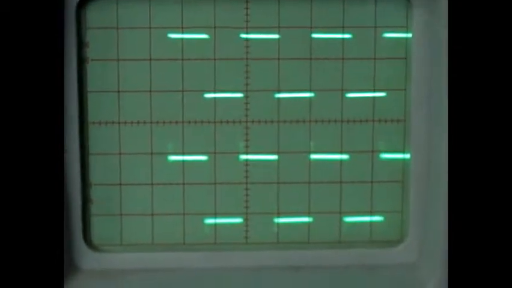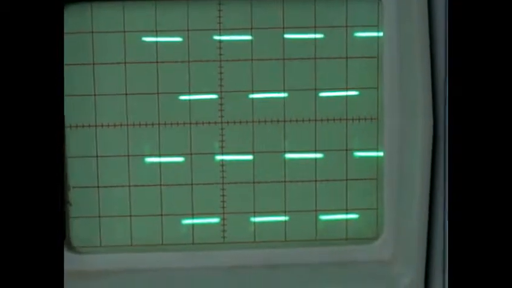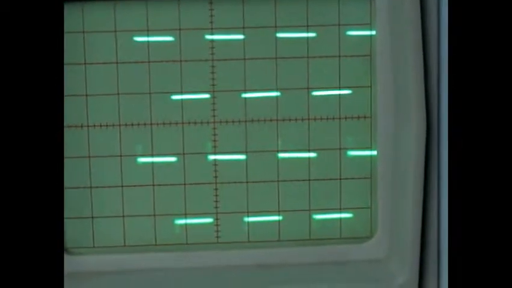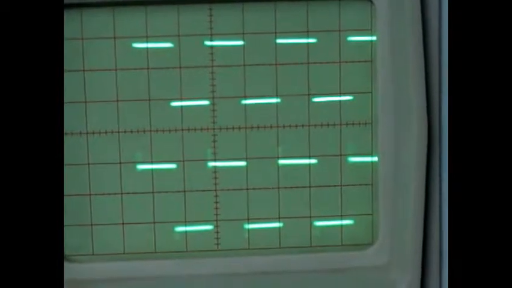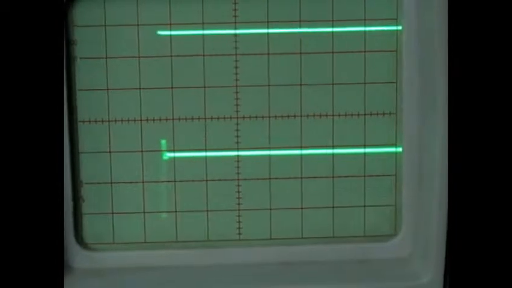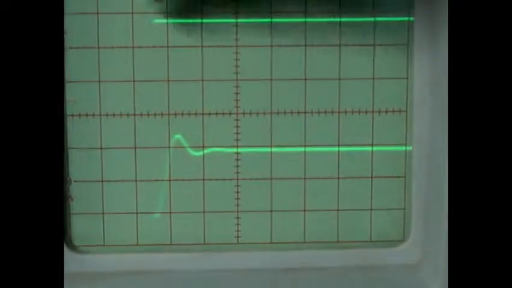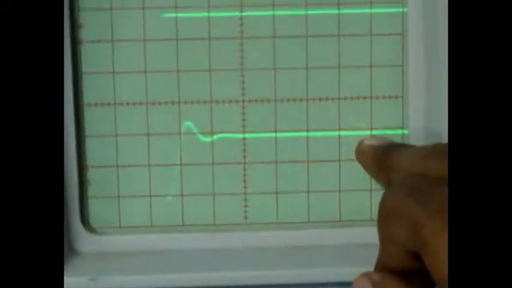The above channel corresponds to the input and the bottom one corresponds to the output. So you got a square wave out here. I'm just increasing the time resolution. It can be seen that the input signal is pretty sharp here, whereas the output is ringing before it settles down to the 1 volt.